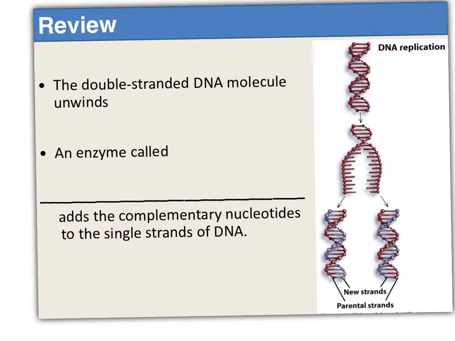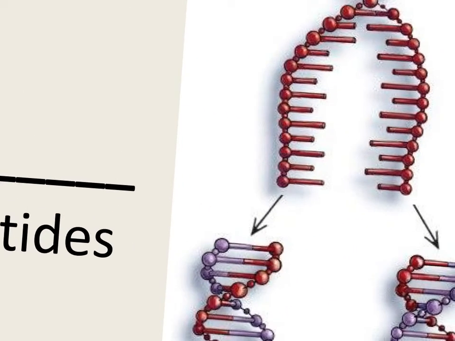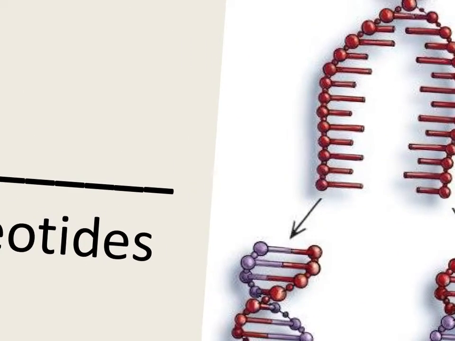So, which enzyme is used for this? DNA polymerase. Okay. So it adds the complementary nucleotides to a single strand here. So that's how you can actually copy a cell when it needs to be copied.